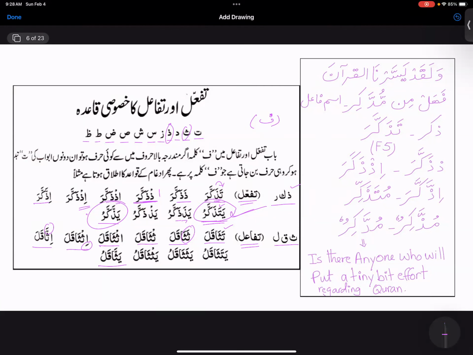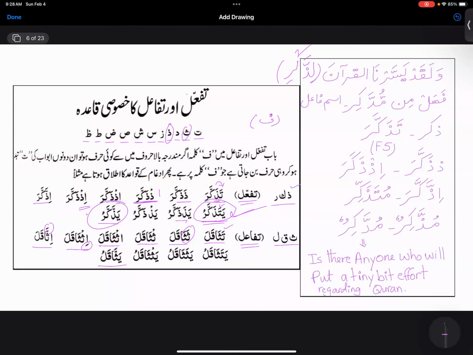وَلَقَدْ يَسَّرْنَا الْقُرْآنَ لِلذِّكْرِ. So Allah subhanahu wa ta'ala is saying that I have made the Quran easy for remembrance, and this zikr is anything related to the Quran, right?